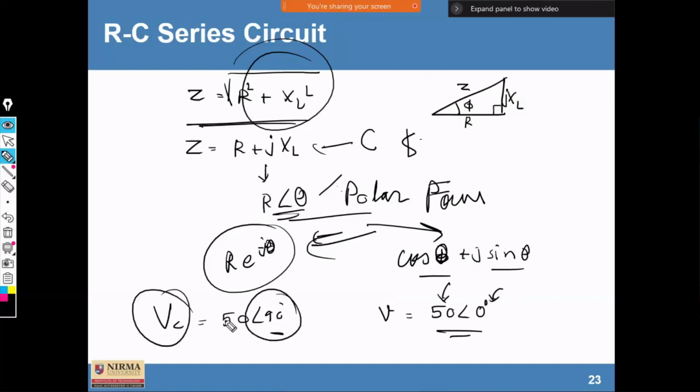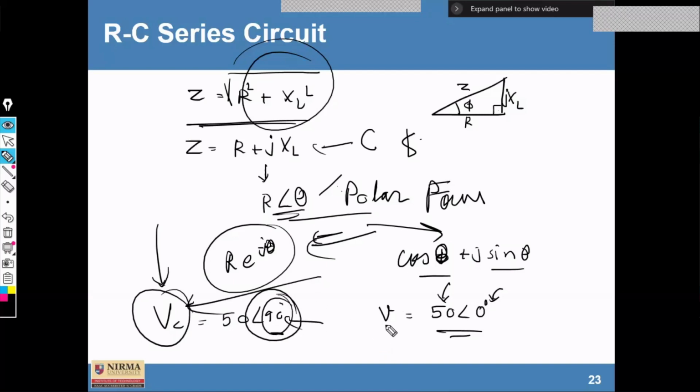The VC component, because it is a capacitor component, in case of a capacitor the current leads by 90 degree. So this 90 degree shows that it is not the supply voltage which is acting, but it is a voltage drop across the capacitor, where the value is like this.